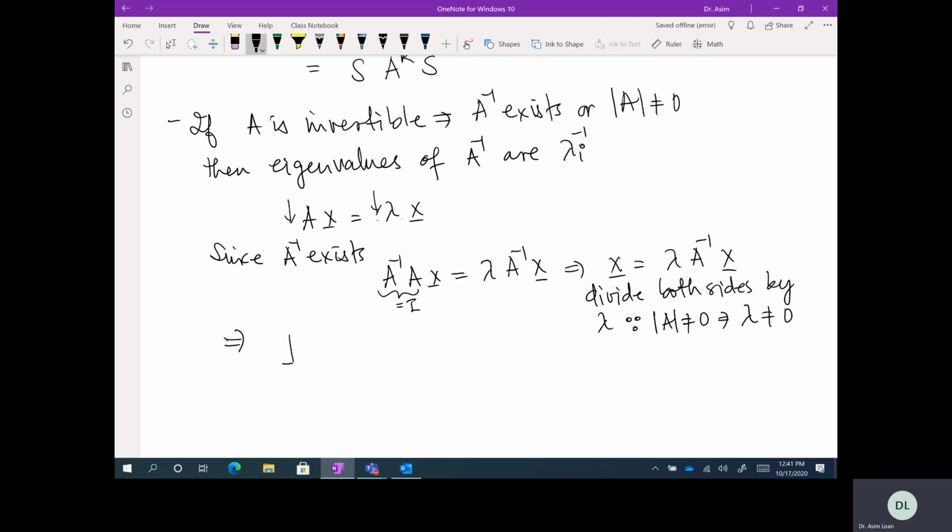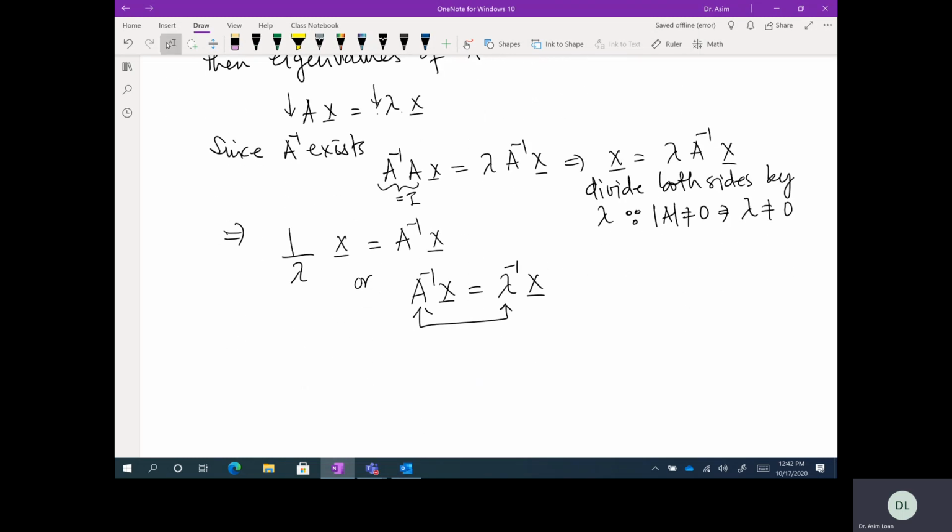So this implies 1 over lambda into X equals A inverse X. In the form that we are familiar with, A inverse X is lambda inverse X. So these are the eigenvalues. The eigenvalues of A inverse are lambda inverse.